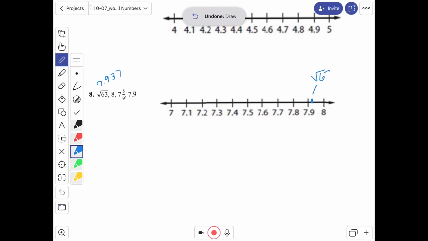I want to put square root of 63. And then the 8 would be on the 8. And 7 and 8/9 would be 7.8 repeating. So that's not really on the 7.8. It's a little bit past because it's repeating.